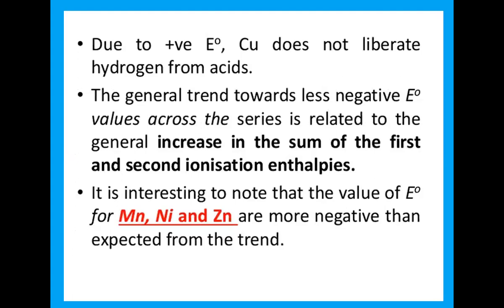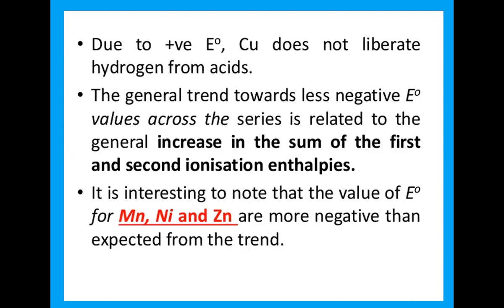Due to the positive E naught value of copper, it does not liberate hydrogen from acid. There is an increase in the sum of first and second ionization energy, as I already told. In the general trend, the electrode potential values go toward negative, that is, become less negative.